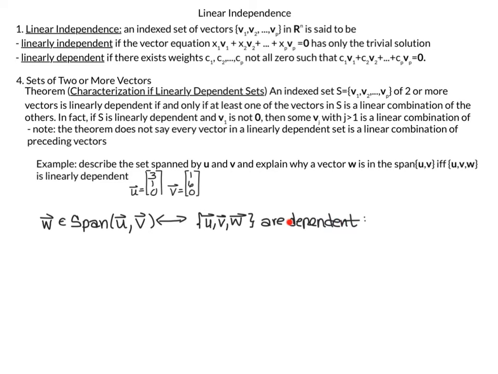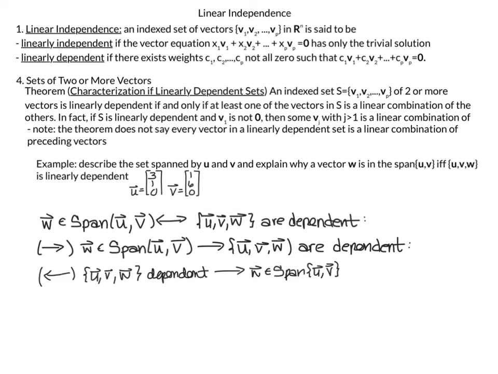This is what I'm trying to prove, and this if and only if means we have two directions to prove. The forward direction, reading the arrow this way, is: w is in the span of u, v implies u, v, w are dependent. Then the backward direction, reading the arrow the other way, is: u, v, w are dependent implies that w is in the span of u, v.